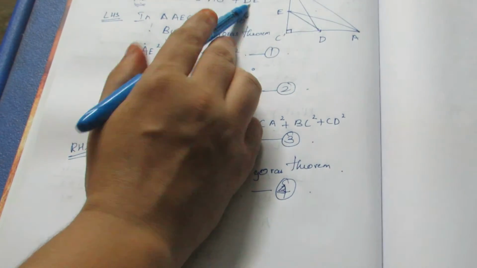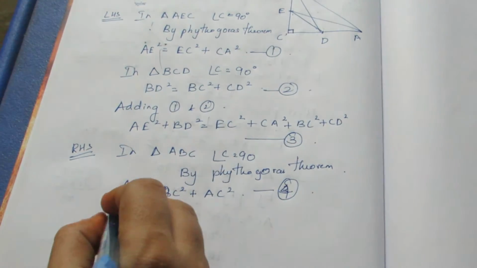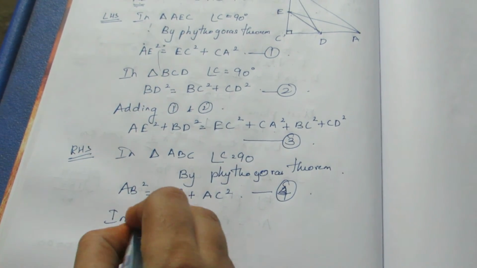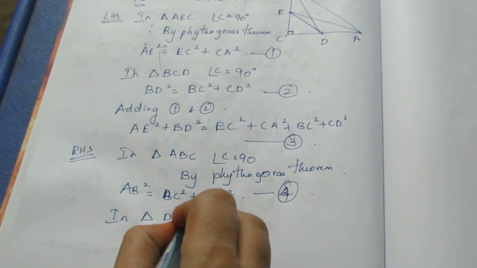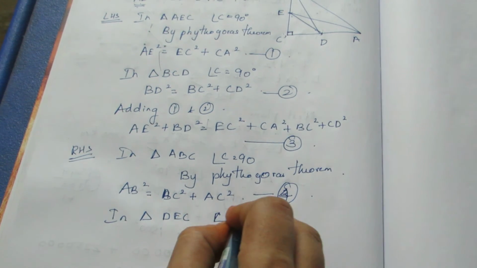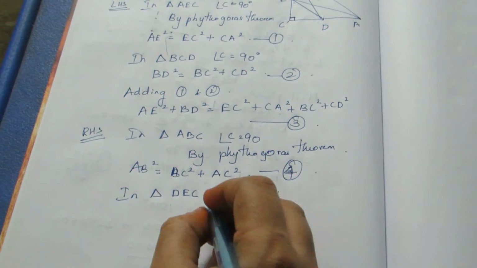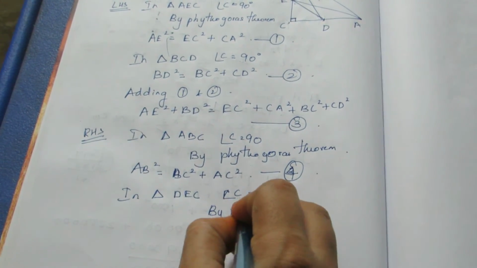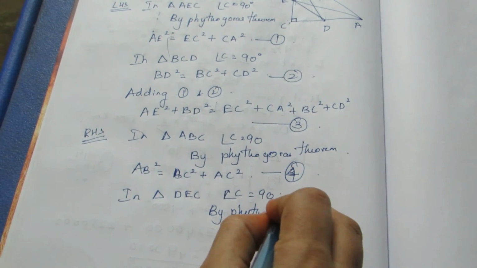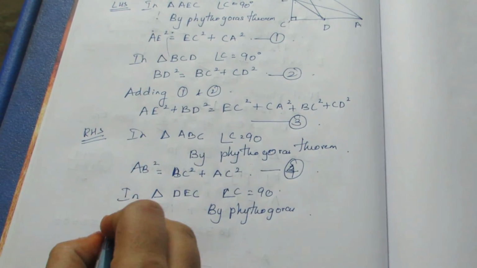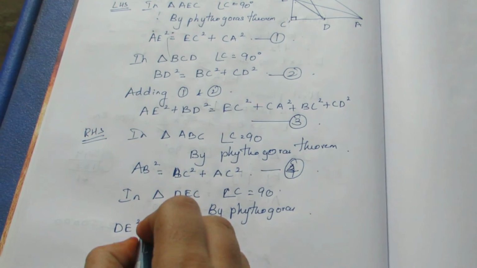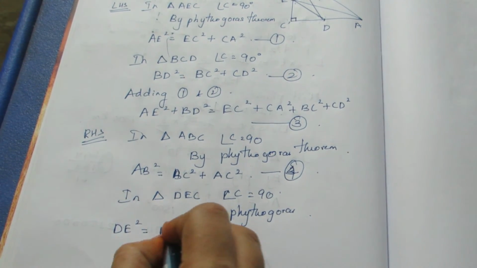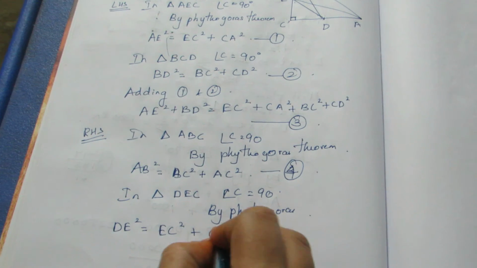Another one is DE. DE is here. So in triangle DEC, angle C equals 90 degrees. So we know that by Pythagoras, DE square equals EC square plus CD square.